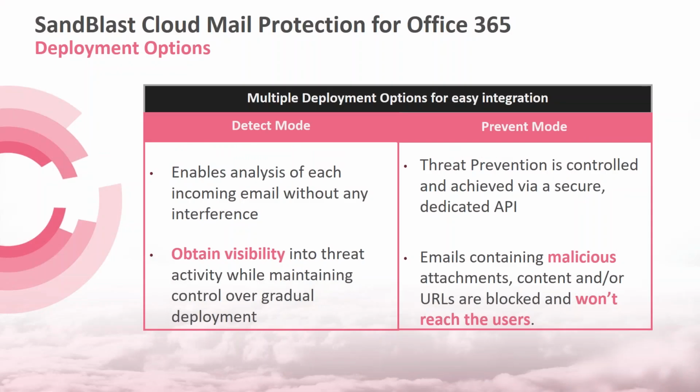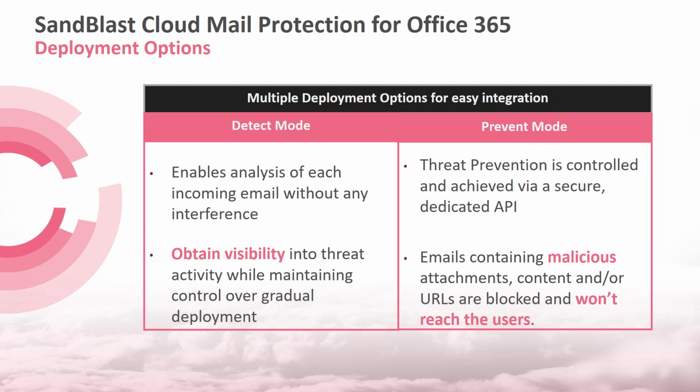So let's see how it works. Well, it uses APIs, but there's generally two modes that you can run it in, either detect or prevent. Now, in detect mode, there is absolutely no disruption to the user. There is great visibility of what's going on, but obviously in detect, we are not stopping any threats. We are just reporting on them. Okay.